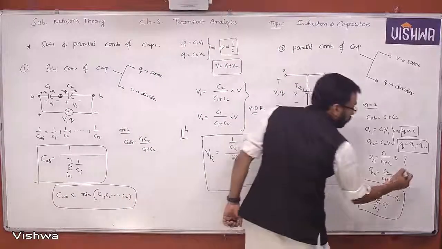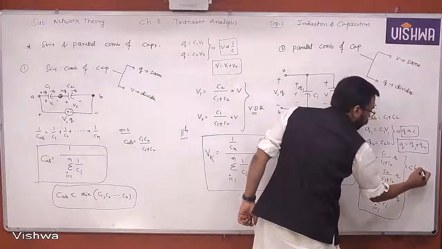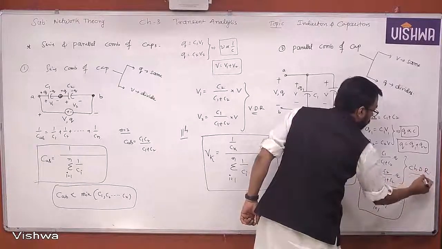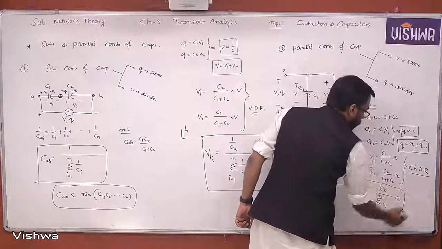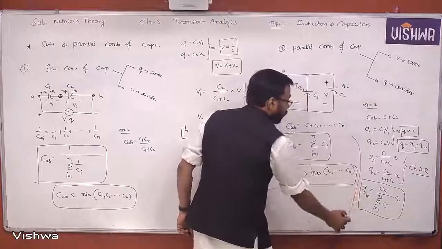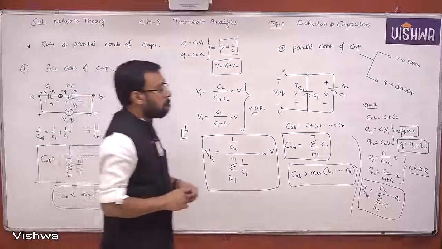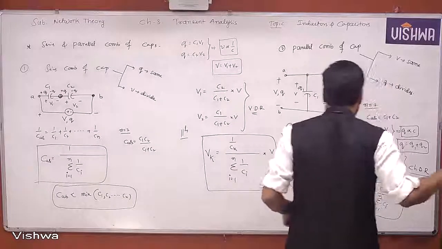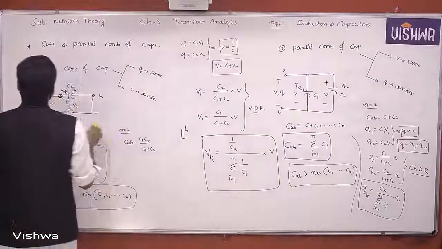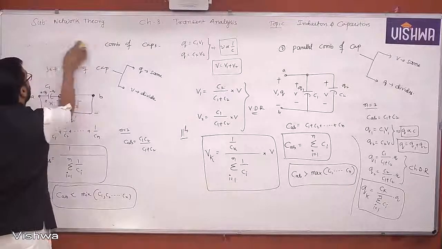So this is called the charge division rule. Understand all of you? Okay. So please note down this quickly, all of you. This is what series and parallel combination of capacitors is.